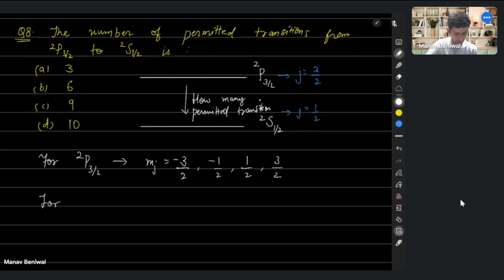For 2s1/2, mj will be minus half and plus half, just the two terms.